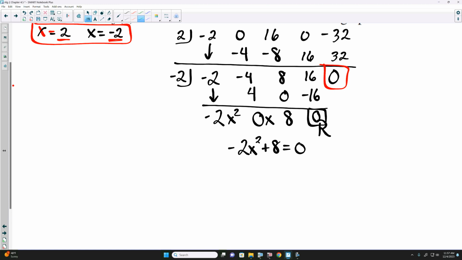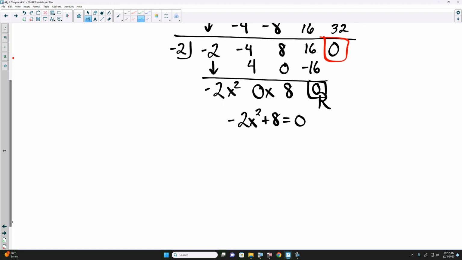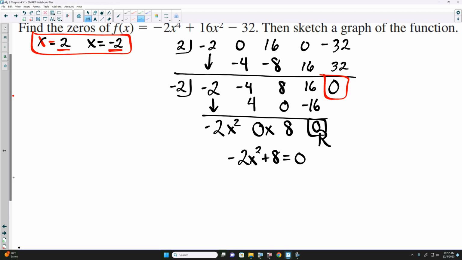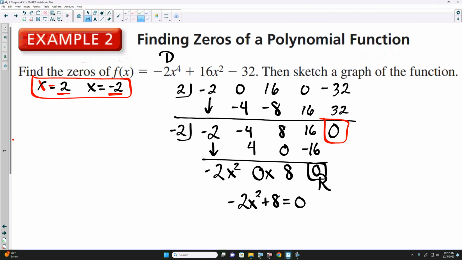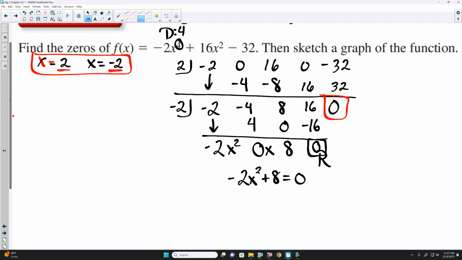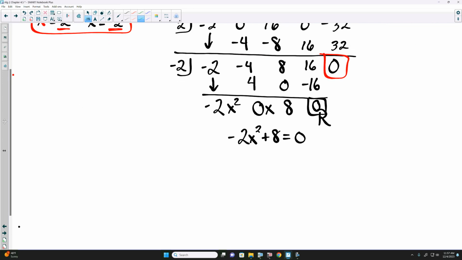So after dividing those two solutions out, what we have left is -2x squared plus 8 is equal to 0. Now this might seem a little excessive, but what this has done is take it from a degree 4, fourth degree polynomial function, down to a quadratic, a degree 2.